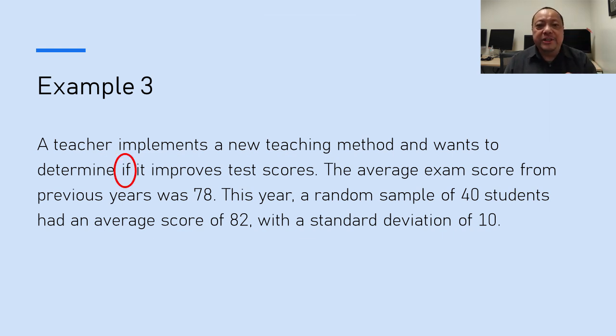This one little word here, the word if, tells me it's hypothesis testing. The researcher wants to determine if the new teaching method improves test scores. Want to test whether or if something is true, then the answer to that would be either a yes or a no. So it's like a yes or no question. That makes it a hypothesis test.